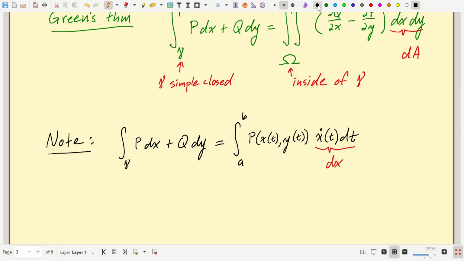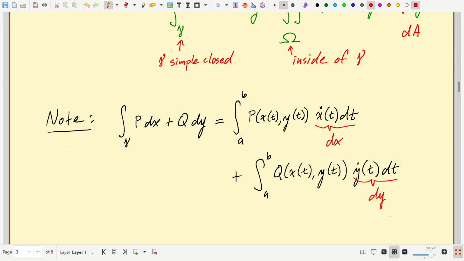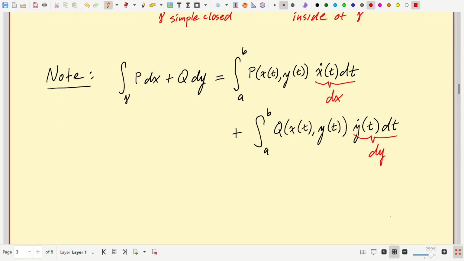And then, of course, the q one is the integral from a to b of q of x of t, y of t, and that dy is shorthand for y dot of t dt. That's just a quick review of what those symbols mean in Math 261.